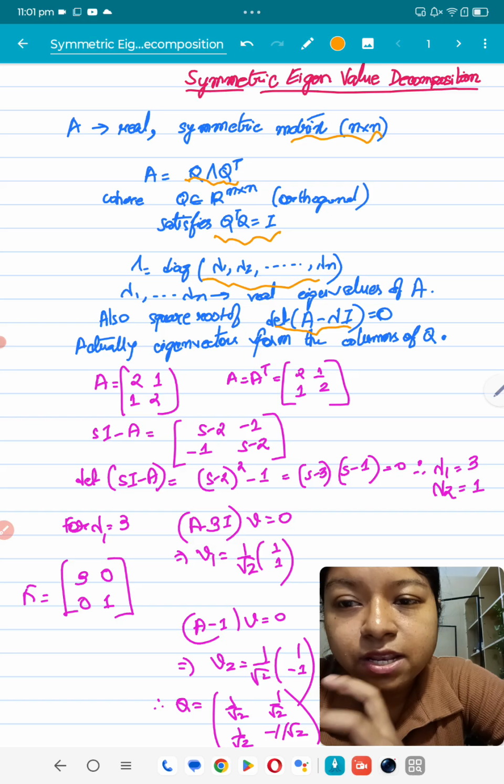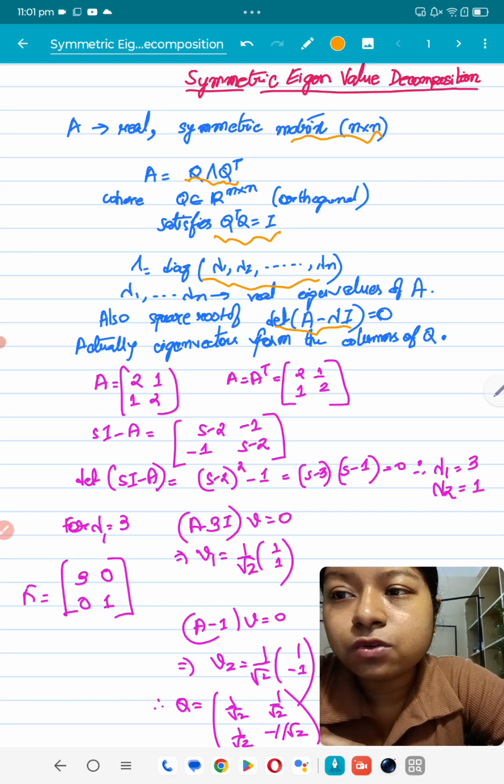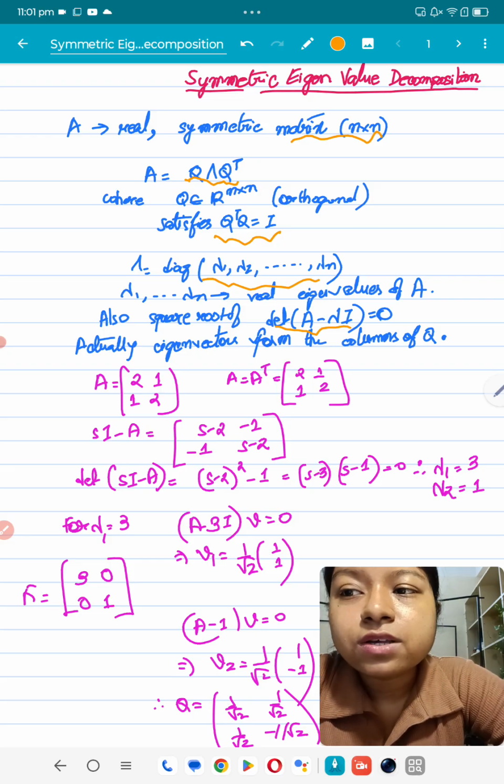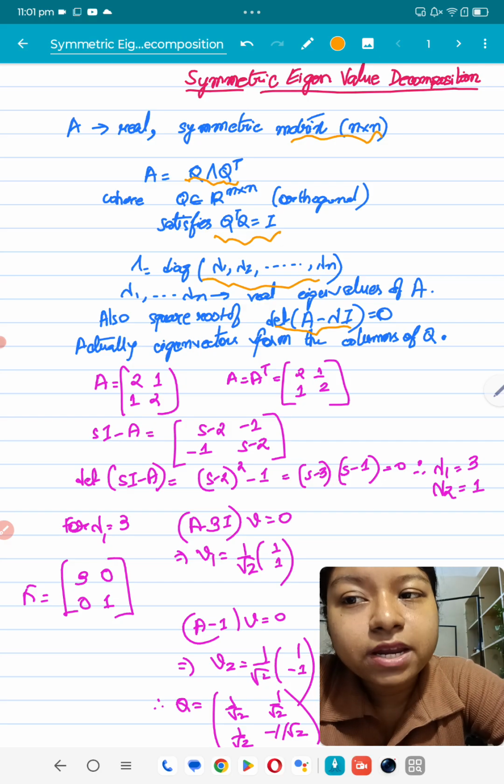Let us take an example here. Let A equal [2 1; 1 2]. A is a symmetric matrix, so A transpose is also [2 1; 1 2]. Now we take the characteristic matrix sI minus A, which is [s-2 -1; -1 s-2].